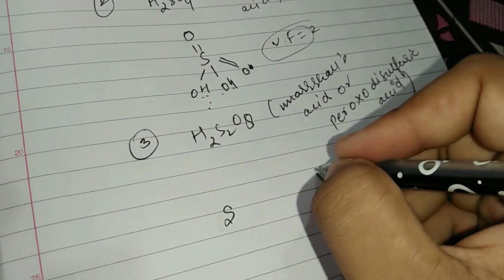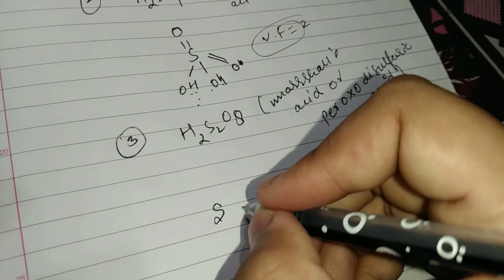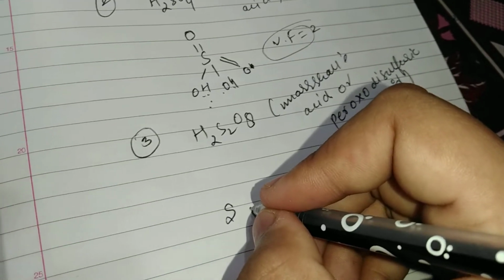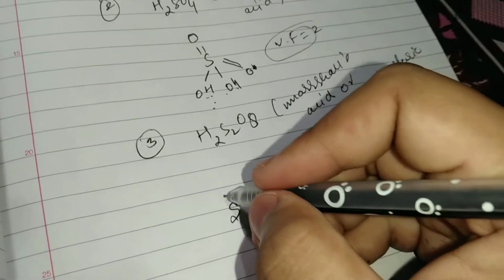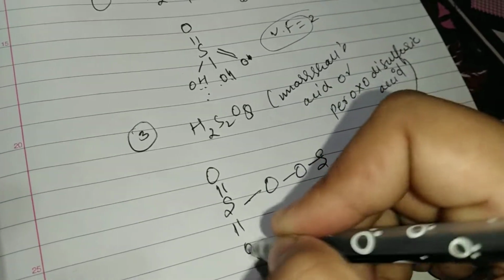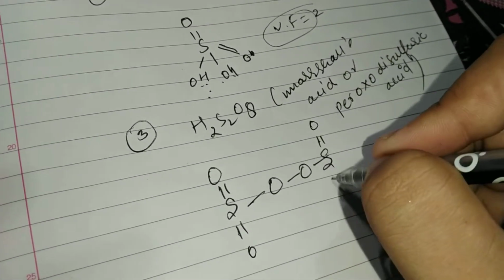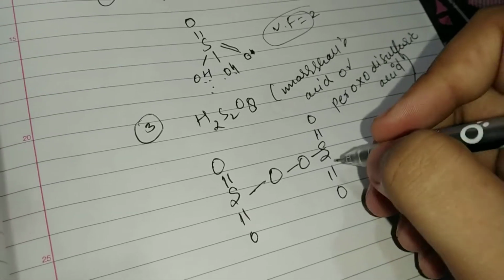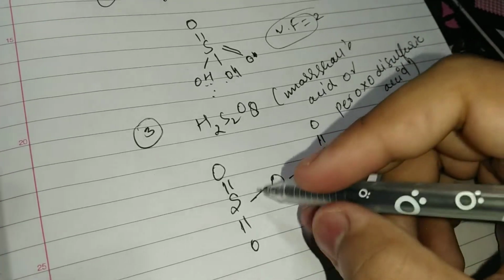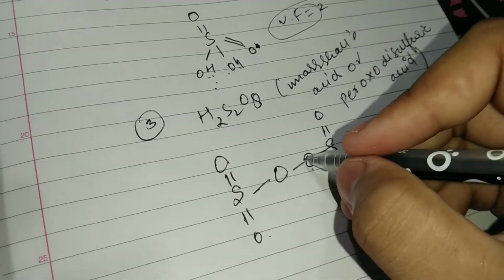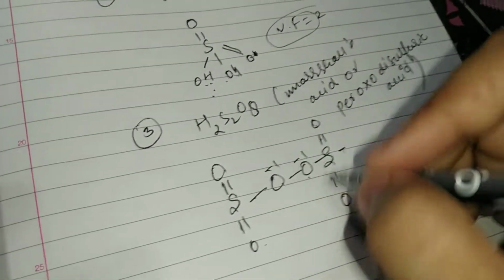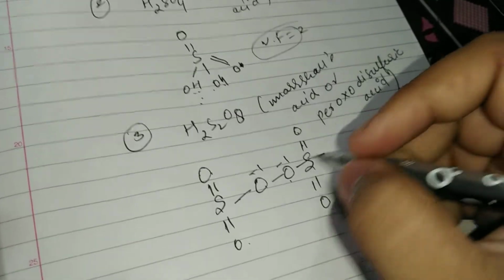So here there will be two S atoms, and now there will be a peroxy linkage. Okay. So double bond O, double bond O, double bond O, double bond O, and count the oxygens: 1, 2, 3, 4, 5, 6. So there will be a -1 charge because it is a peroxide bond, peroxy linkage.